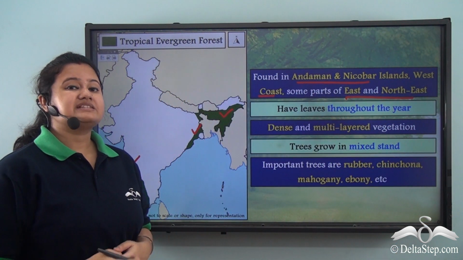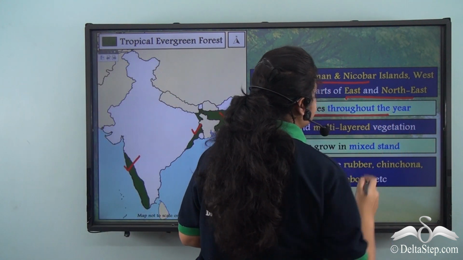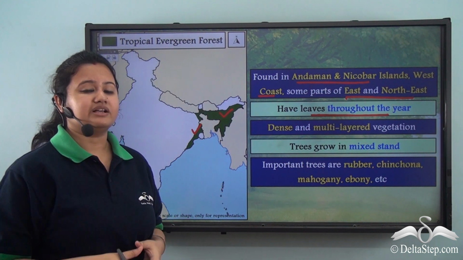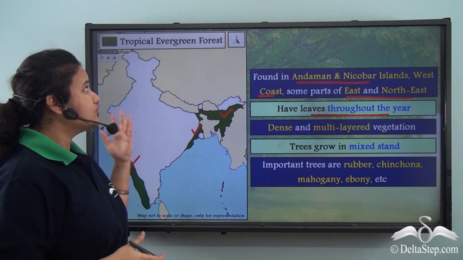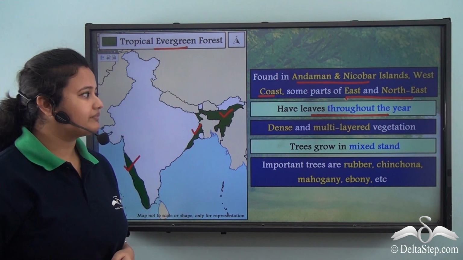Now these trees, as we know, have leaves throughout the year. That is, these trees do not shed all their leaves at once, and therefore they always appear to be green. Thus, tropical rainforests are evergreen in nature.